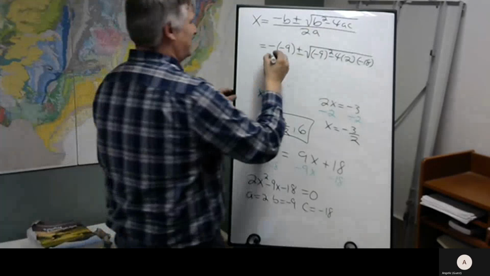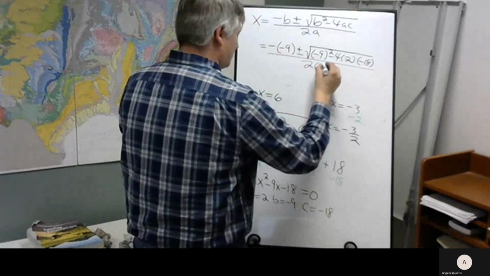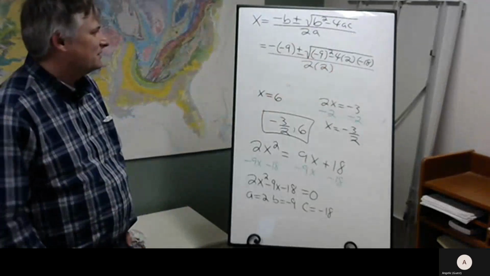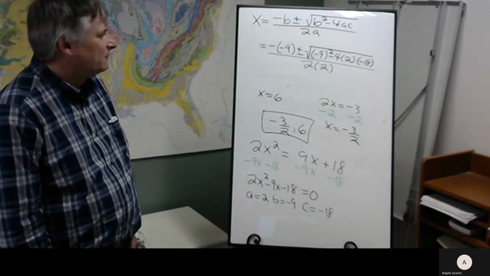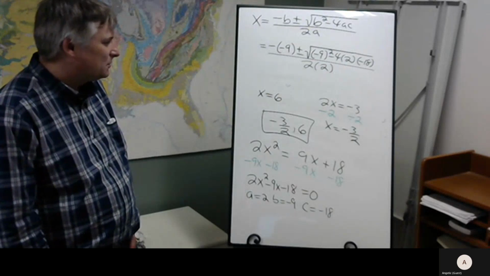Oh, 2a. So let me check this here. It's negative b plus or minus the square root of b squared minus 4ac divided by 2a.